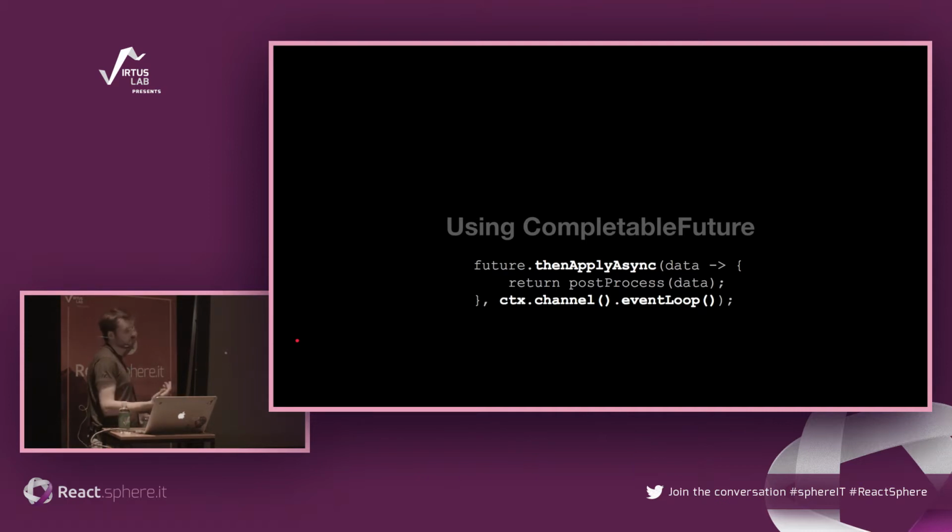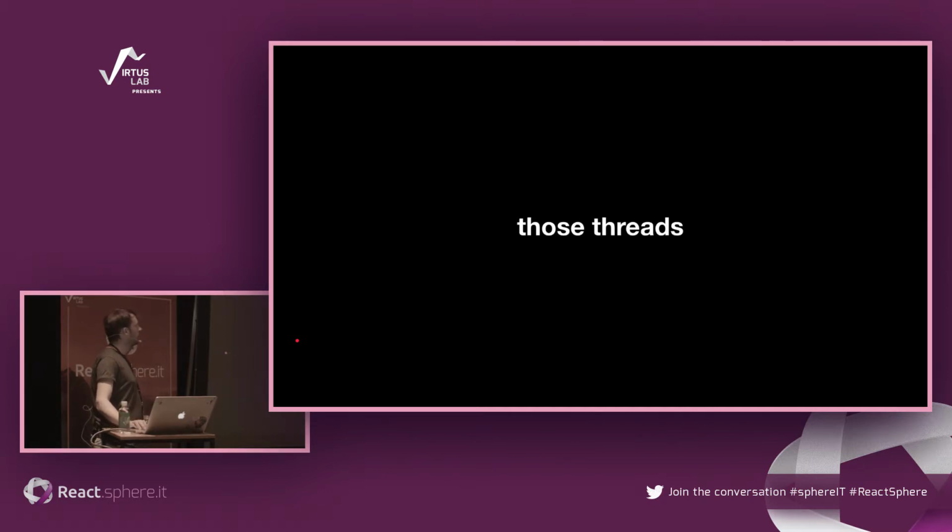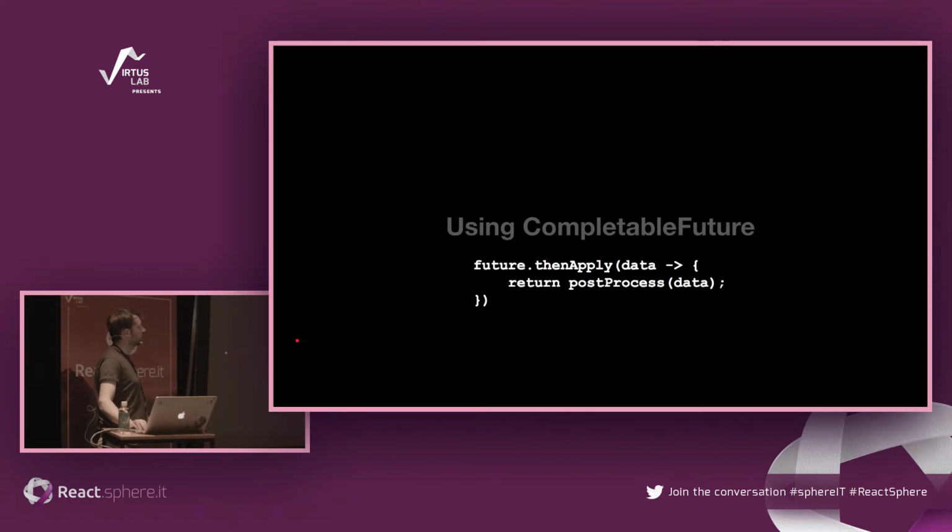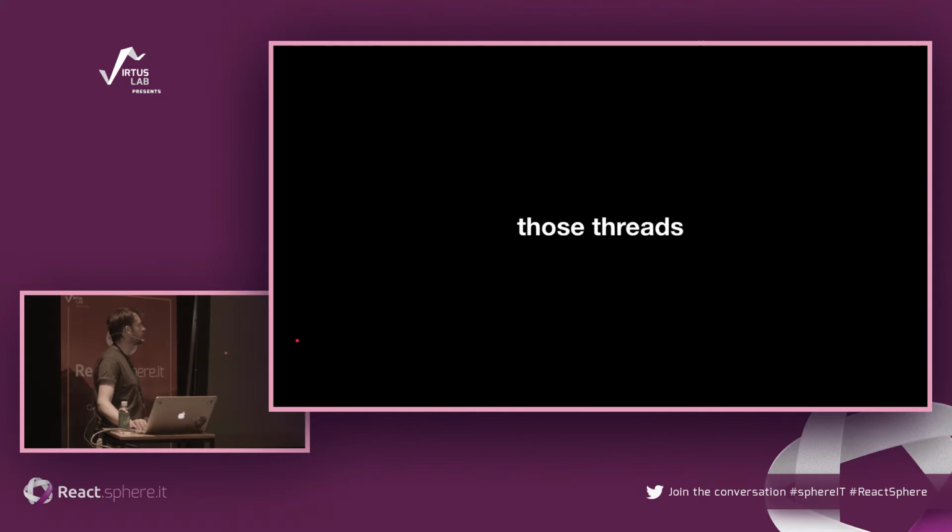But again, you probably would like to use the context thread, the event loop that is running the caller's pipeline. And again, you need to have a reference to the context. If you don't specify this executor, you have no idea who's going to execute handler C. Probably the client thread will.